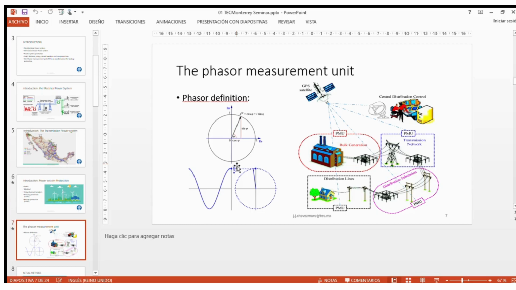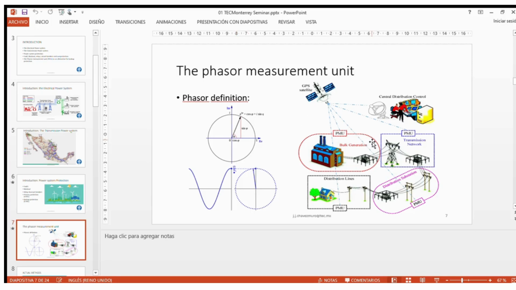So the data must be sent to the satellite as fast as possible. A primary protection function works in 50 milliseconds, and a backup in 400 milliseconds, 600 milliseconds, etc.